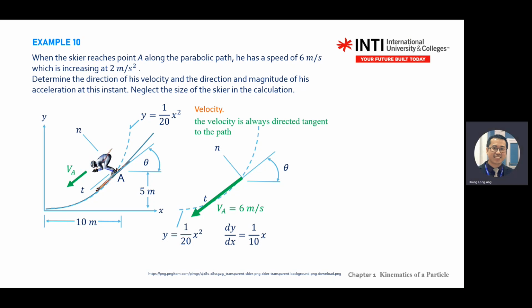So you differentiate: dy dx, you get 1 over 10 x. Makes sense? Okay. So you need to do another one, right? To find the radius, you need to double differentiate.